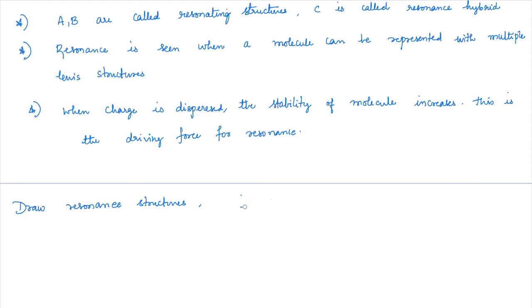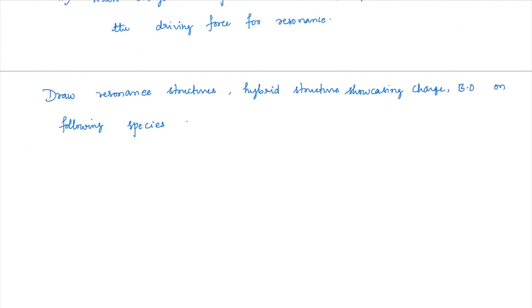Resonance structures. Next, hybrid structures. Showcasing charge, bond order on following species. Right.